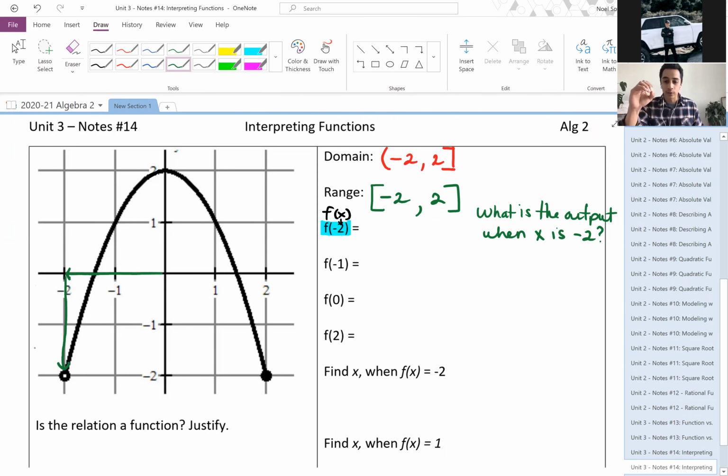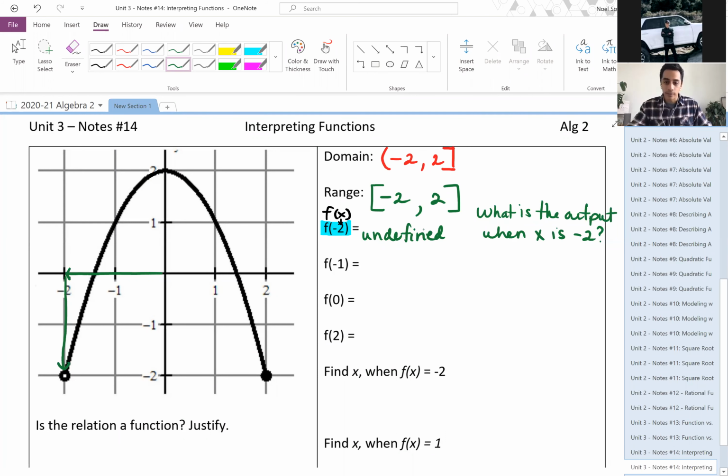So you're going to learn a new term today. It's called undefined. Okay, it would have been -2. You were on the right track. It's getting close to -2, but it doesn't actually get there because it's open, right? So when you get there, there's nothing there. So then you would state that this is actually undefined. Okay, so that's a new term to consider.